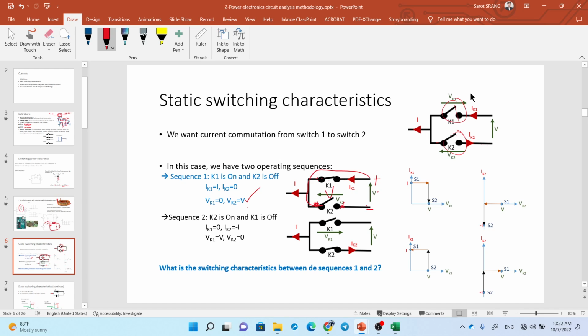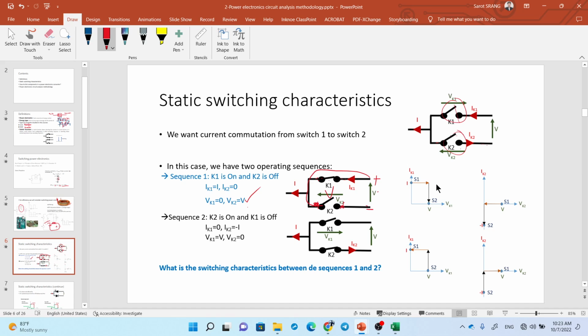Because this one is off, it means you have a series here. So current here, in absolute terms, must be the same as current here. And then voltage VK1 is the same as V here.